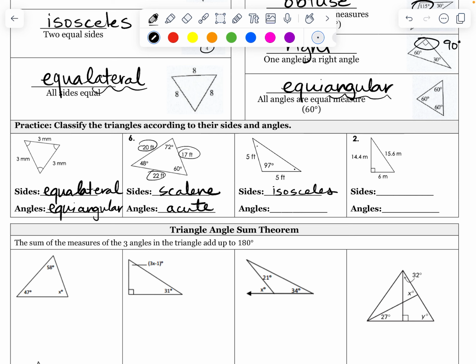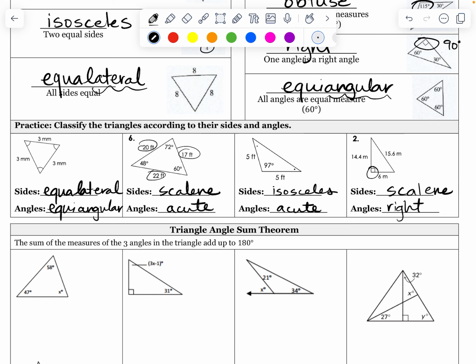And these are all going to be less than 90. It's acute. We have a right triangle and 3 different sides. Scalene. Beautiful.